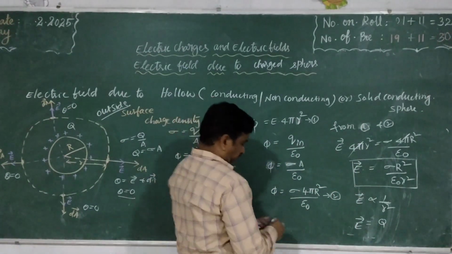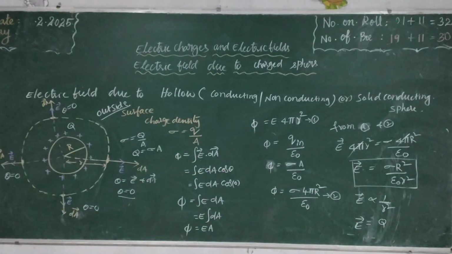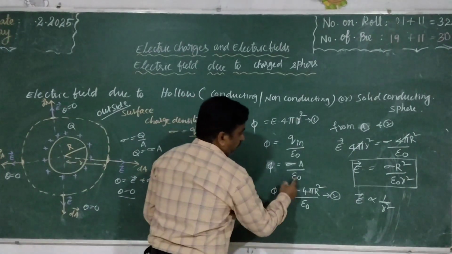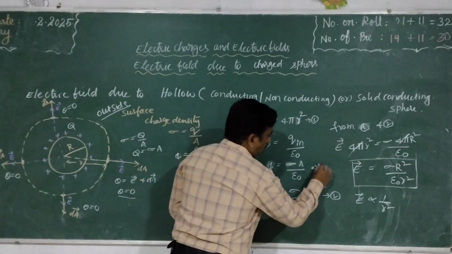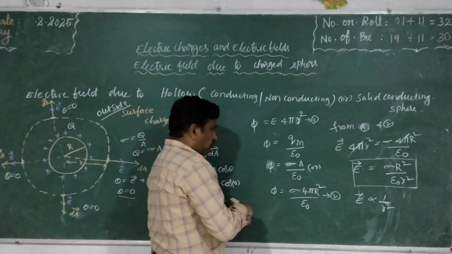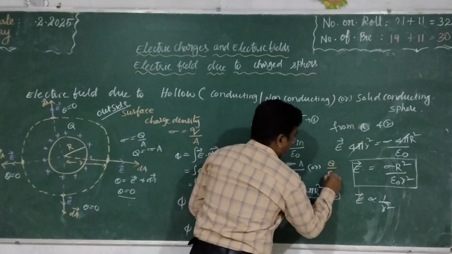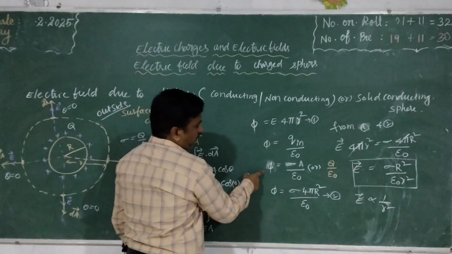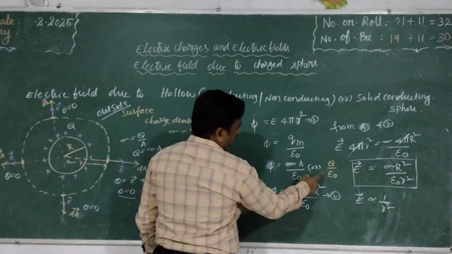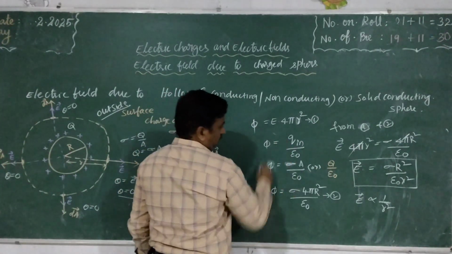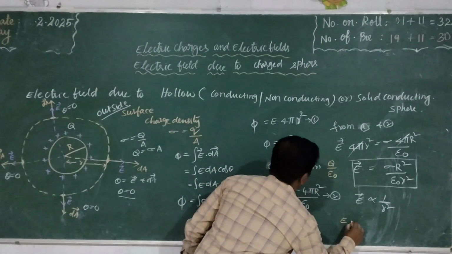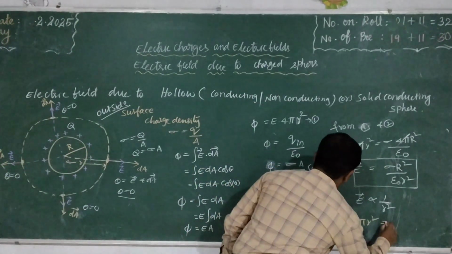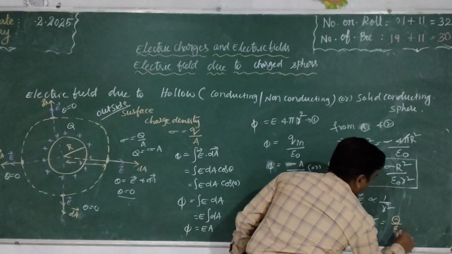Instead of this, we can write Q by epsilon naught. From this, here phi, here phi, we can write instead of phi, Q by epsilon naught. So E into 4 pi r square equal to Q by epsilon naught.